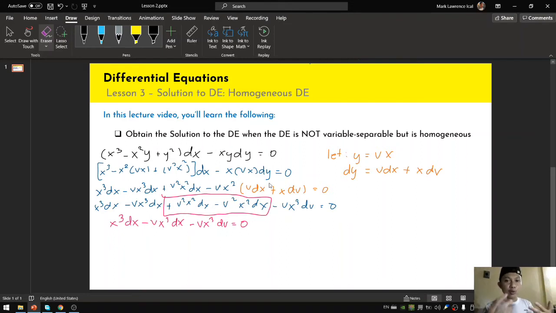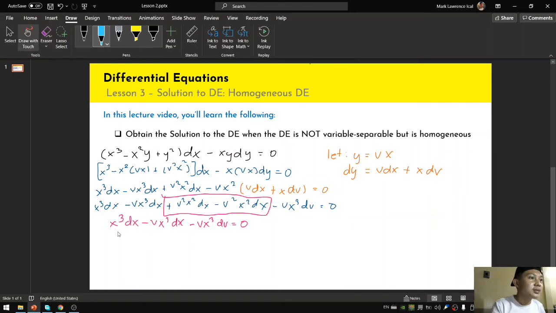And after doing this manipulation we just did, biglang merong nawala, okay? Yun lang yung palatandaan. Kapag merong nag-zero doon sa ginagawa mo, tama ka. After nun, babalik ka na naman sa separable DE. So yun yung sunod na step.